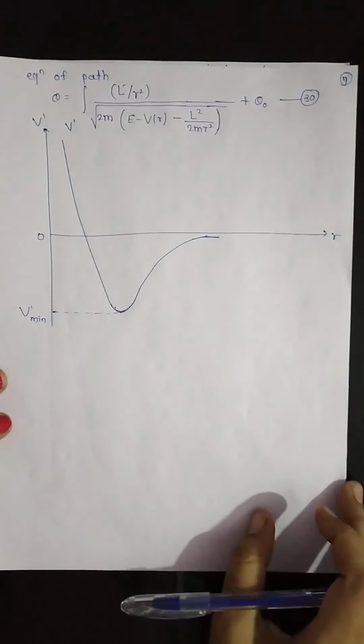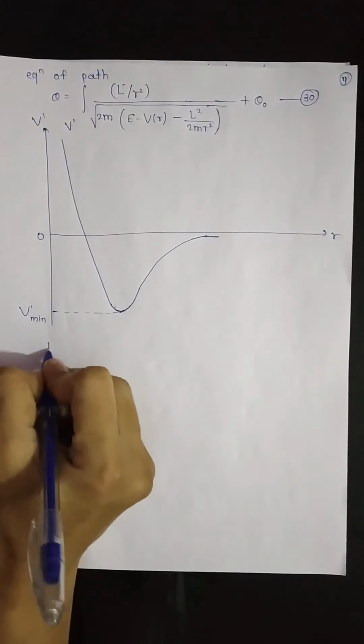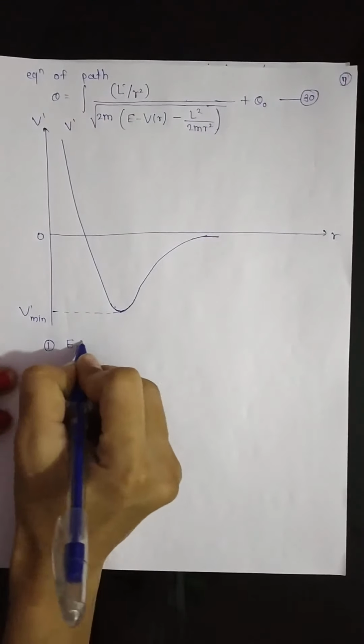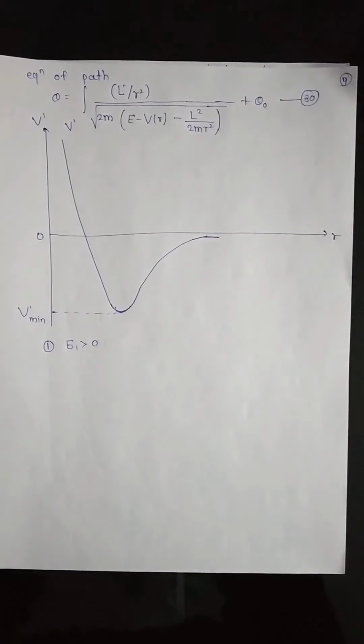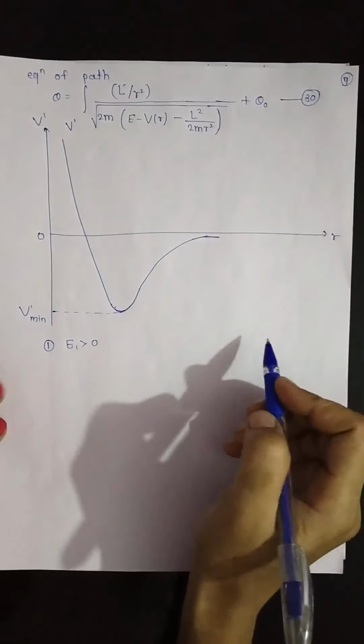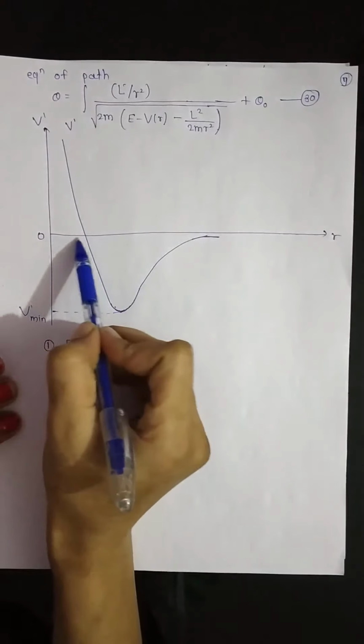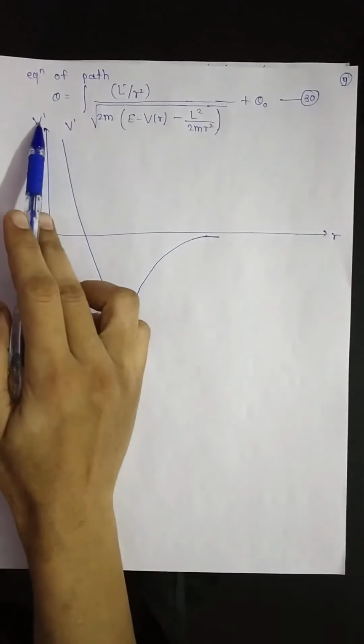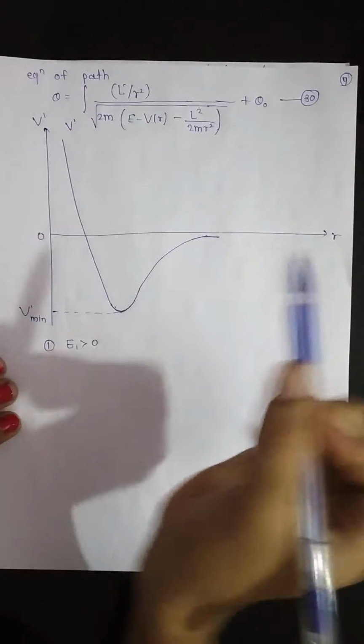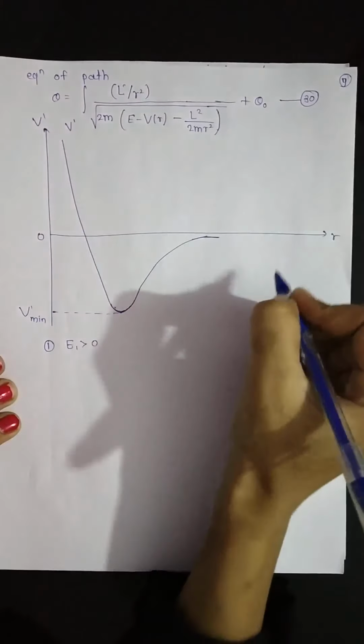Now let's consider our first case, which was E1 greater than 0. So for this, let me consider energy which is greater than 0. Here we are showing only potential energy, but we are discussing the total energy.